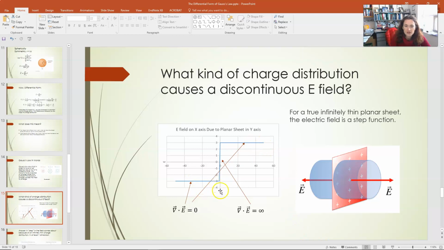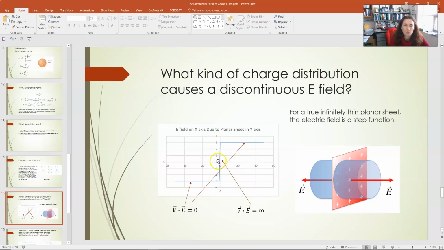Now let's zoom in at what happens at x equal to 0. I know in this plot you do see a little slope here, but that's just my bad plotting and not what would be happening in reality for an infinitely thin charged sheet. So just pretend it's straight up and down. So at this point, what would the slope be?